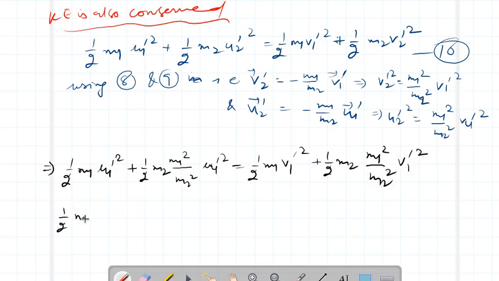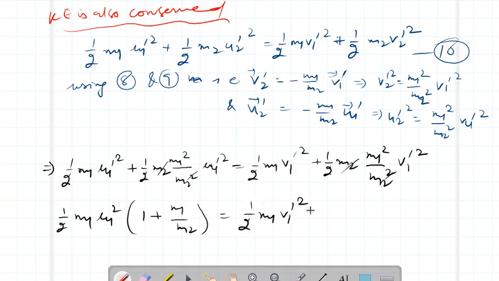So half m1 u1' square can be taken outside, so here it is (1 plus m1 over m2), because this m2 will cancel out, and similarly on the other side, equal to half m1 v1' square taken outside plus m1 upon m2.